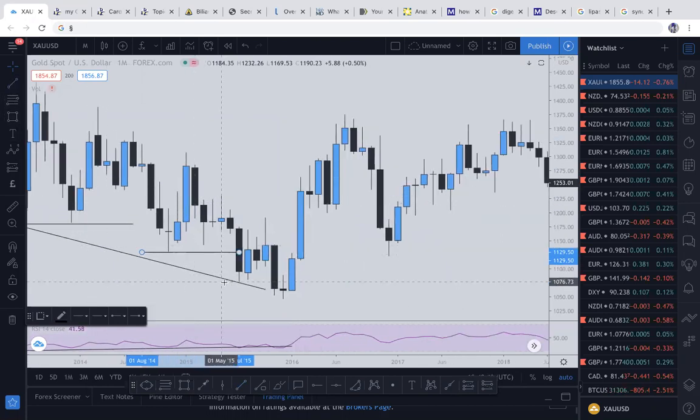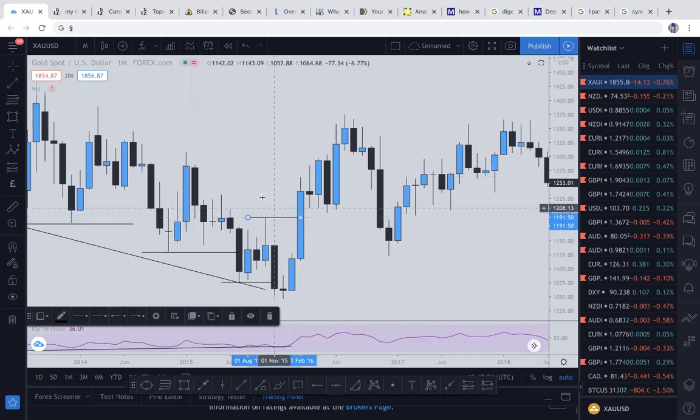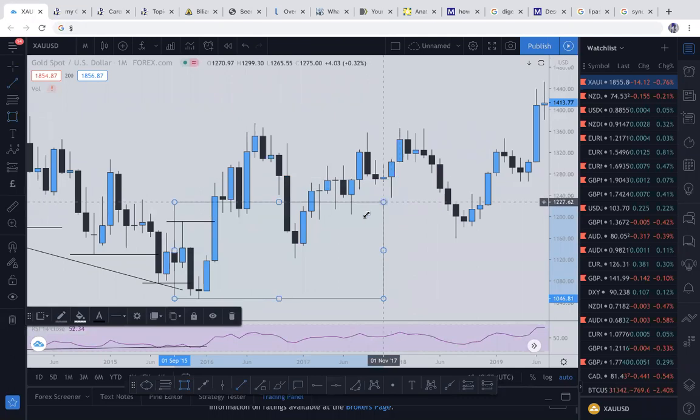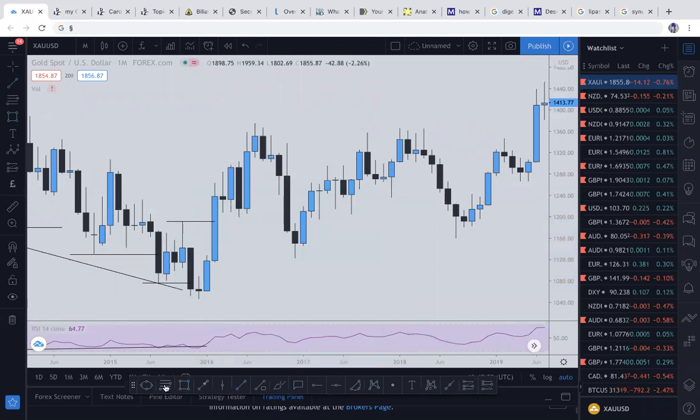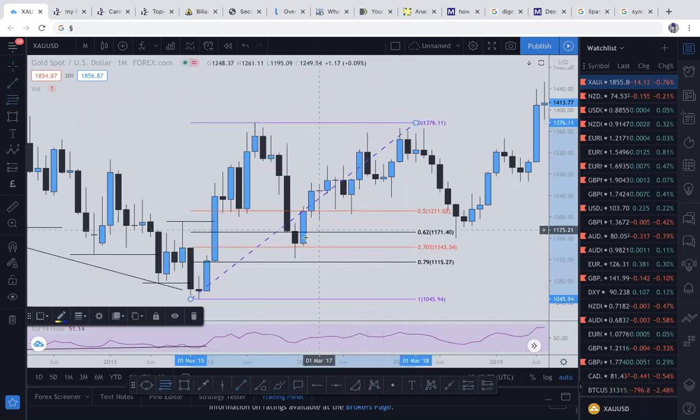Liquidity taken here. Now, break of structure right there. This is not magic, is it?